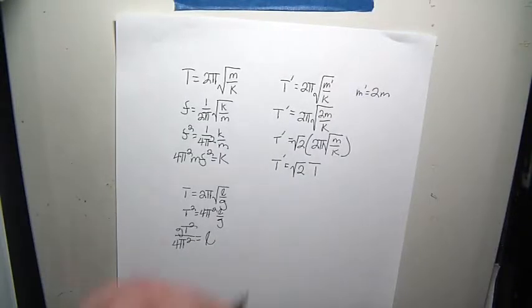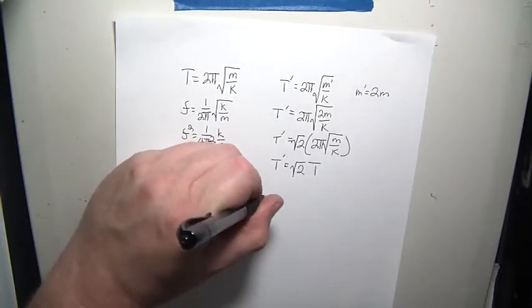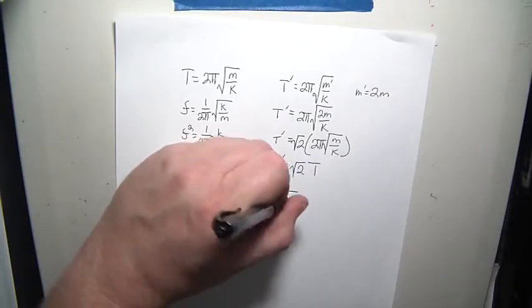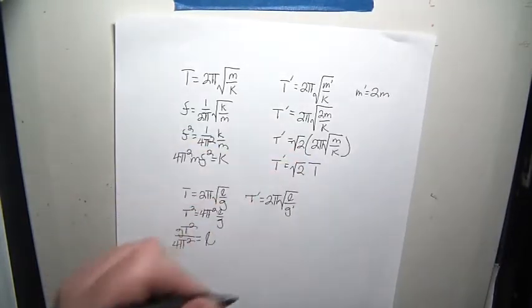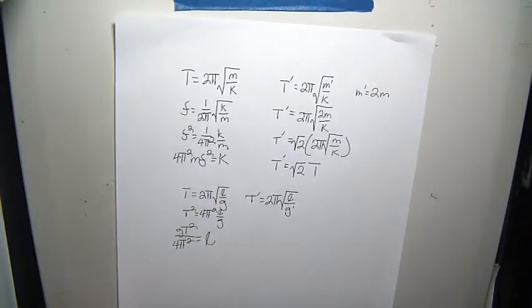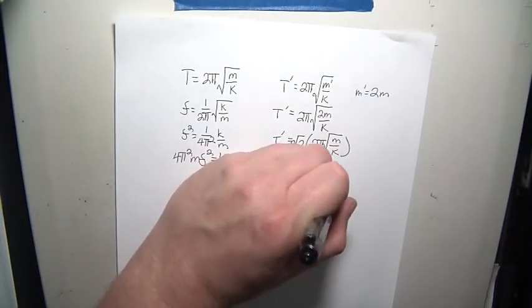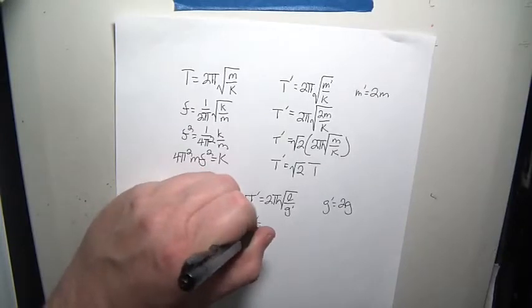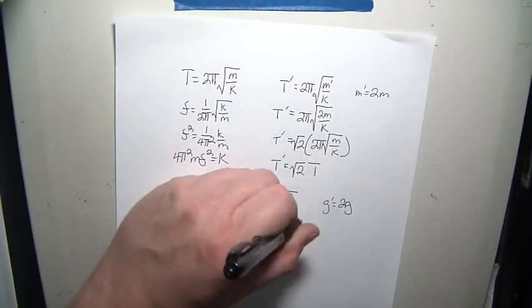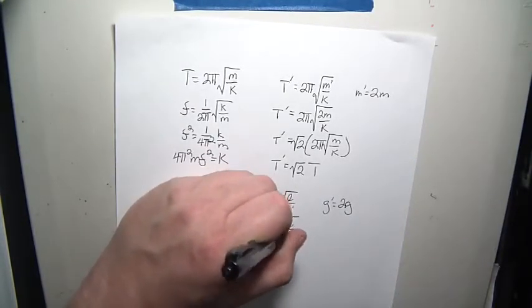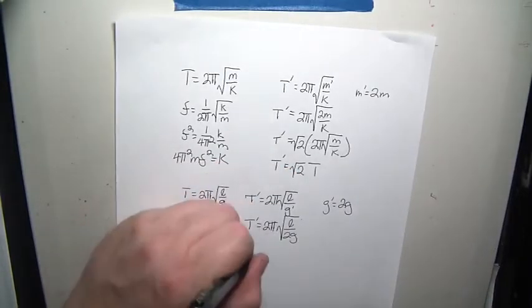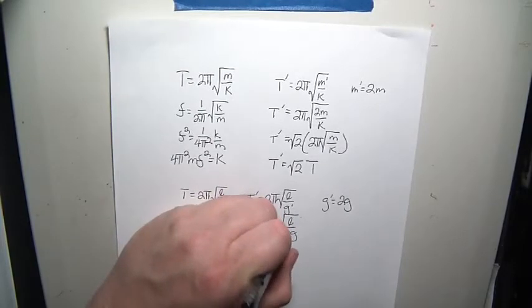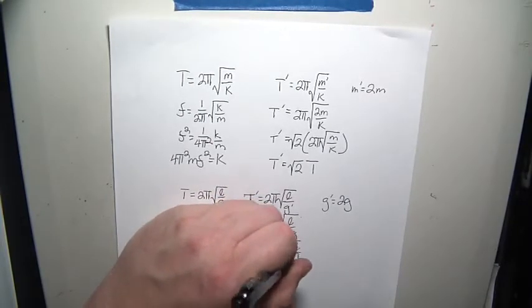If you doubled gravity, you would do the same thing that you did before. T prime is 2 pi square root of L over g prime. g prime is 2g. So T prime is 2 pi square root of L over 2g, which is 1 over square root of 2 times 2 pi square root of L over g.